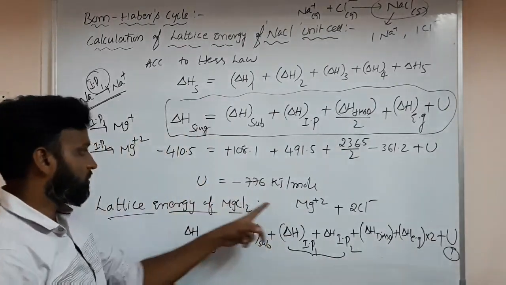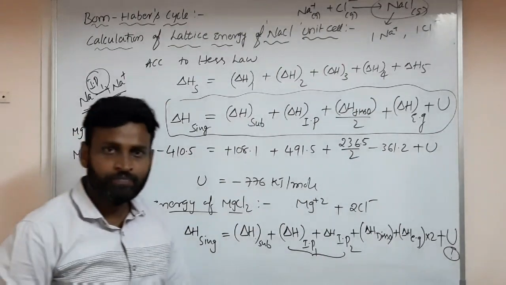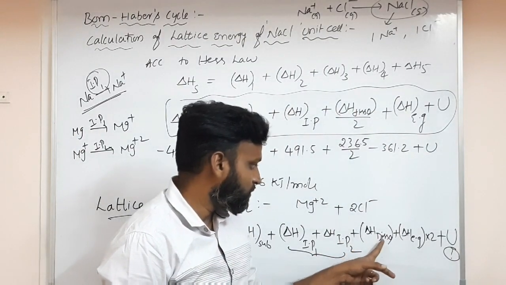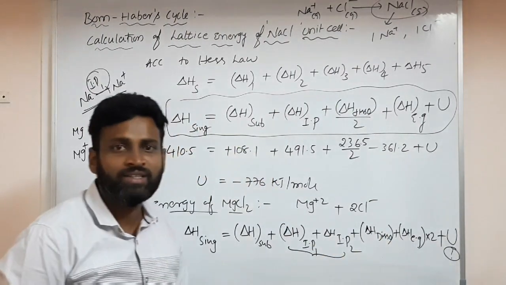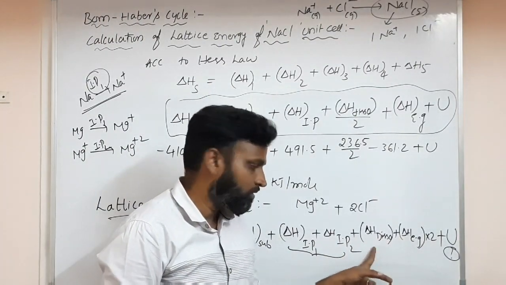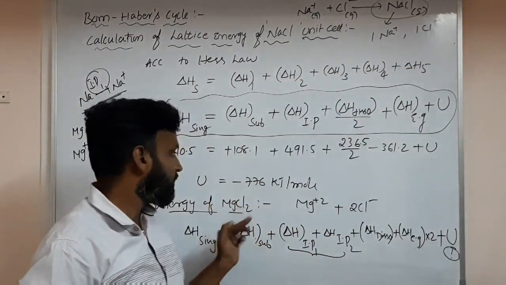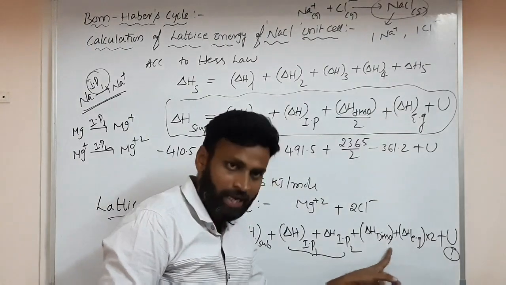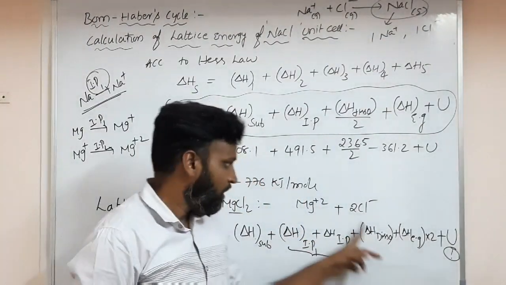Because to form Mg2 plus, 2 ionization potentials are required. And delta H dissociation by 2 I did not do because I need 2 chlorines. To form 1 chlorine I have to do by 2, but I need 2 chlorines, so no need of by 2.